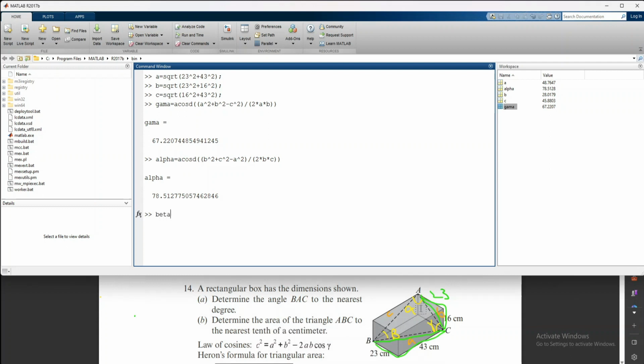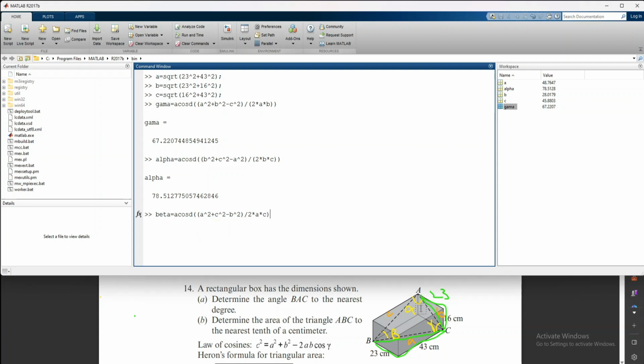Now beta. Arranging the formula, beta is equal to acosd, bracket, a square plus c square minus b square, bracket close, divide by 2ac, 2a and c, bracket close.